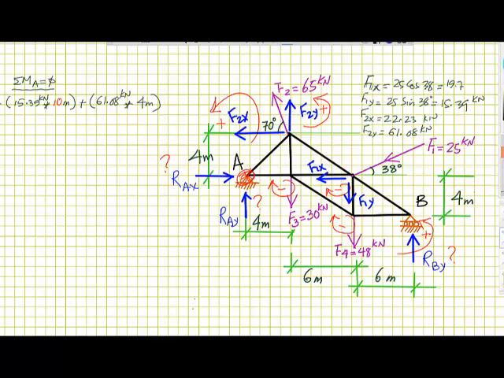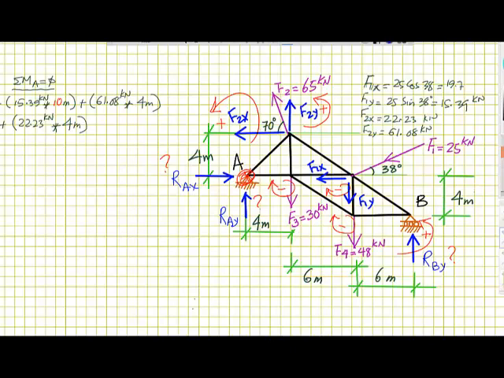And then F2x again is positive, so plus, and F2x is equal to 22.23 kilonewton, and the perpendicular distance is this, which is equal to 4 meters again.